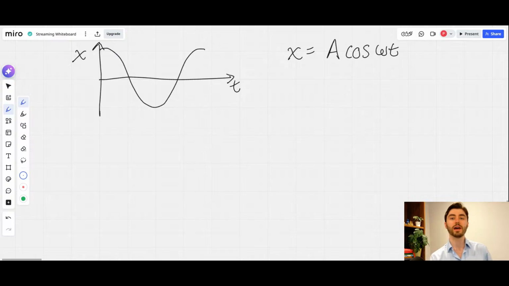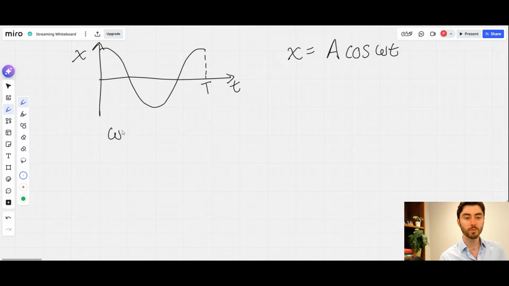In case you're wondering why that should be the form of it, let's consider what happens at the time period T, where it's completed one complete oscillation. In that case, that is the equivalent of it moving through 2 pi radians. So that would be like the cos graph moving through 2 pi, which is why it does one complete oscillation and ends up back at its start position.